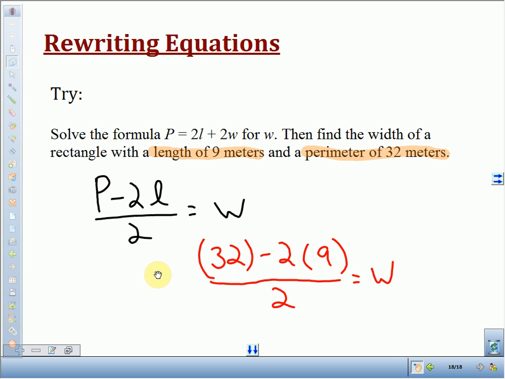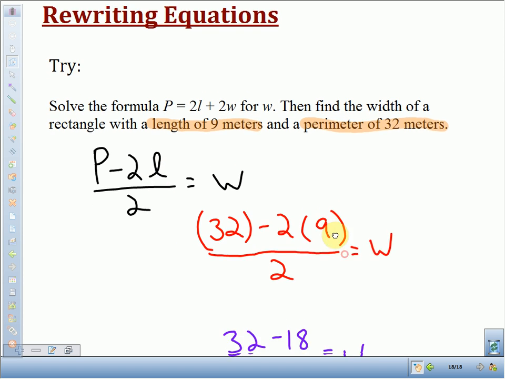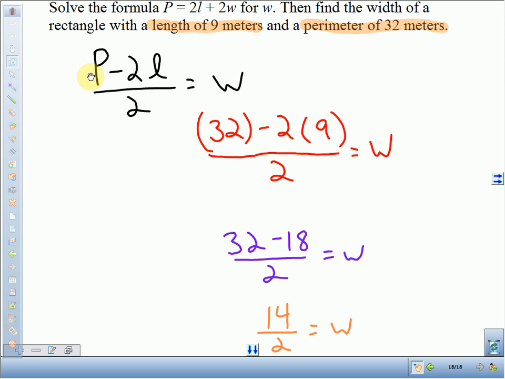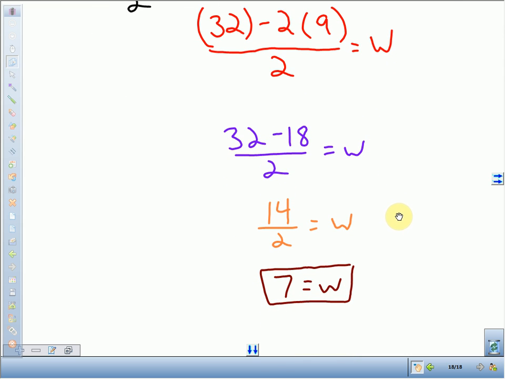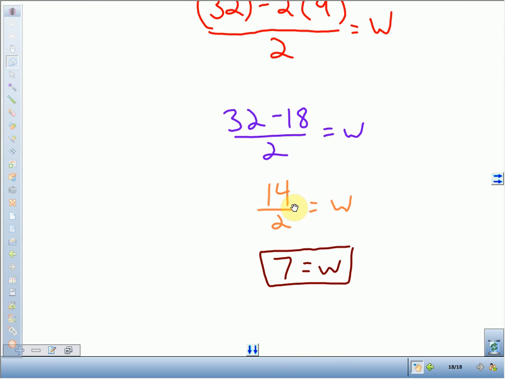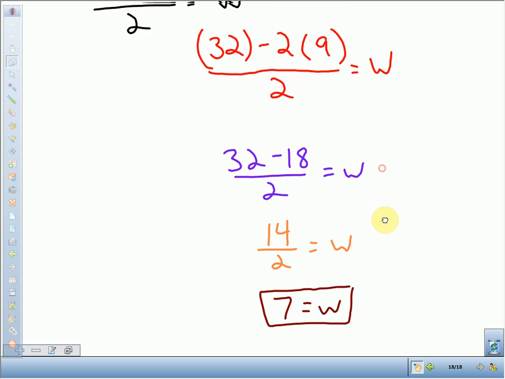Well, P is the perimeter, L is the length, so I use my equation, I substituted in the values, and then I used order of operations to solve the problem. 32 minus 2 times 9 over 2 becomes 32 minus 18 over 2, which becomes 14 over 2, which becomes 7.